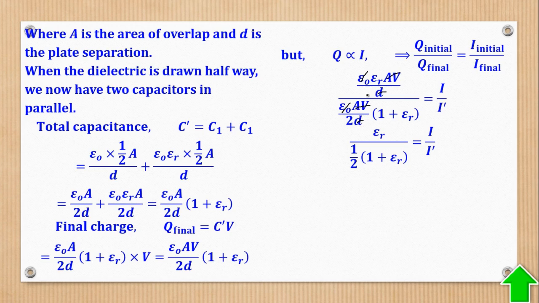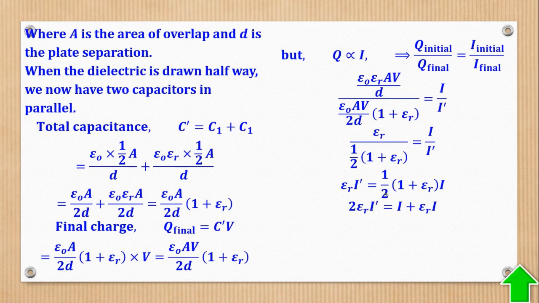So what does that mean? It means that the numerator will remain with epsilon r. In the denominator, there is this a half, and there is also this bracket which is here. Then from there I'm going to take the whole of this side, and this side I'm cross multiplying.